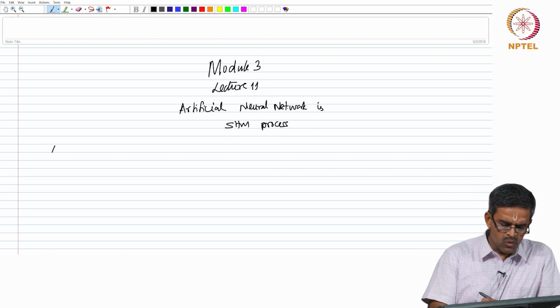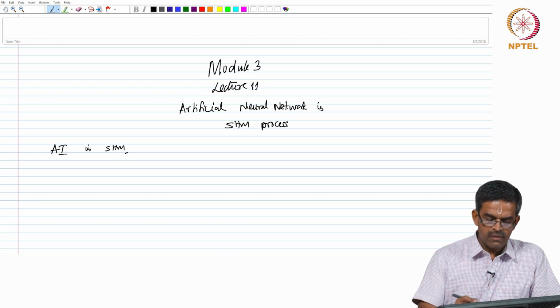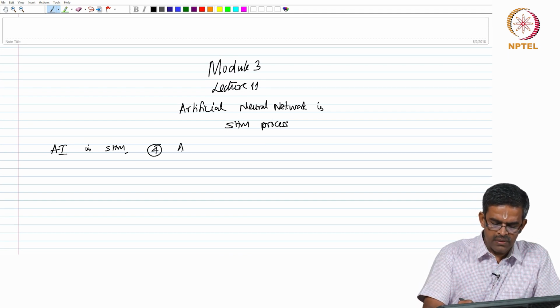When we talk about the use of artificial intelligence in structural health monitoring, there are about 4 axioms which are very useful and directly applicable.